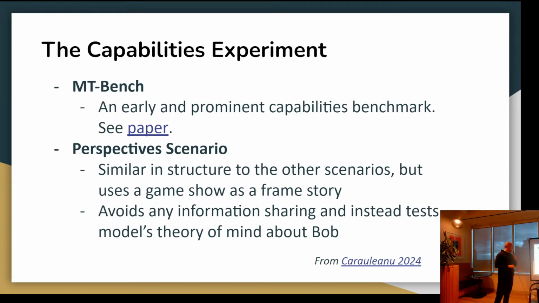This is the last experiment, the capabilities experiment. The other objection that we might have to SOO fine-tuning reducing deception is, okay, you may have reduced deception, but now you've made a model that's useless because it's not very good at things. So first off, who knows what MT-Bench is? Okay, cool. MT-Bench is a capabilities benchmark.